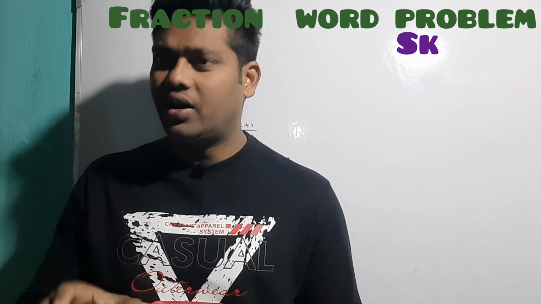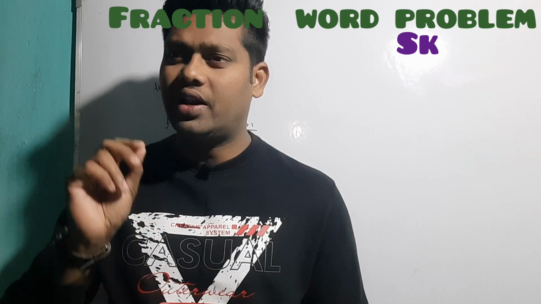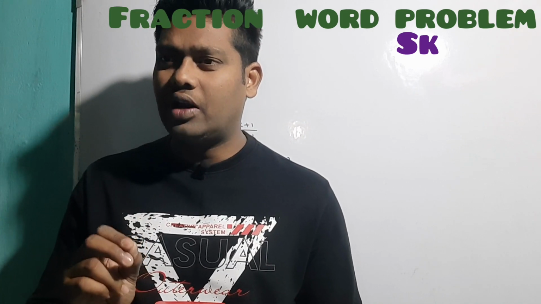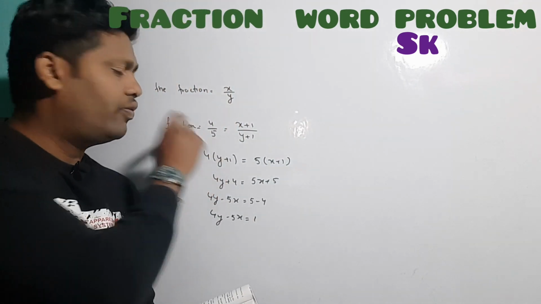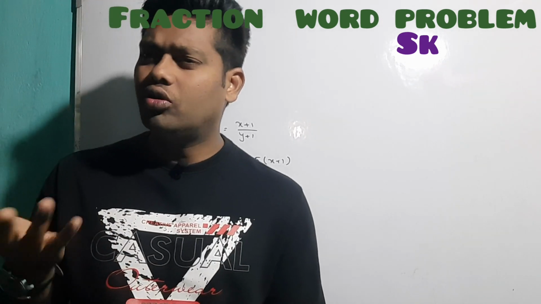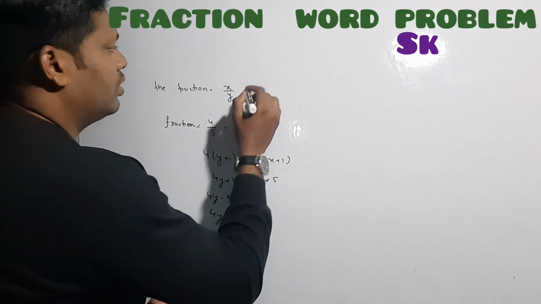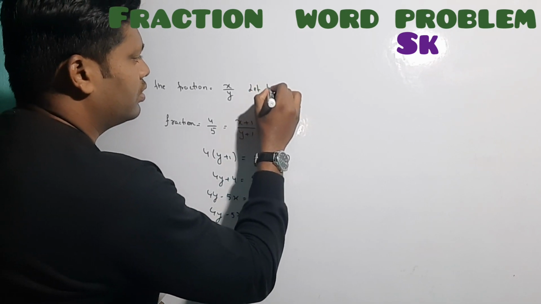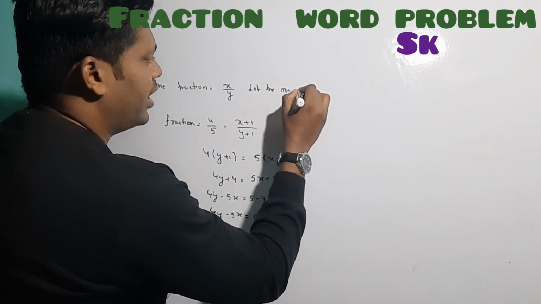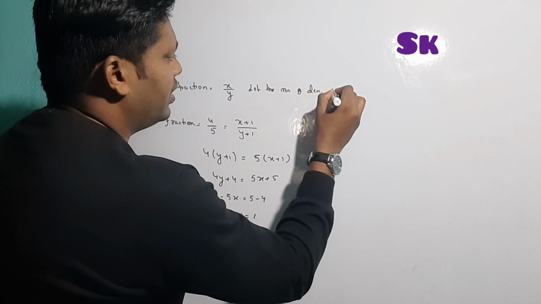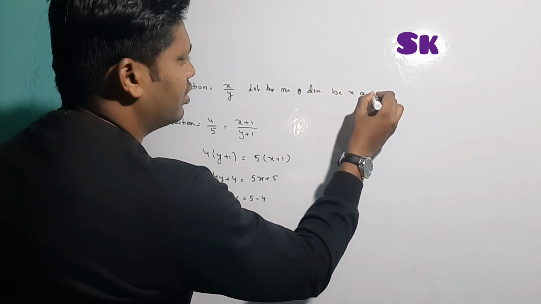They are saying that after adding 1 to the numerator as well as denominator, I am getting the value as 4 by 5. I don't know numerator value. I don't know the denominator value. So what I will do? Let the numerator and denominator be x and y.